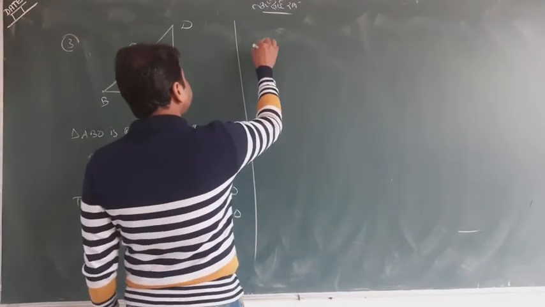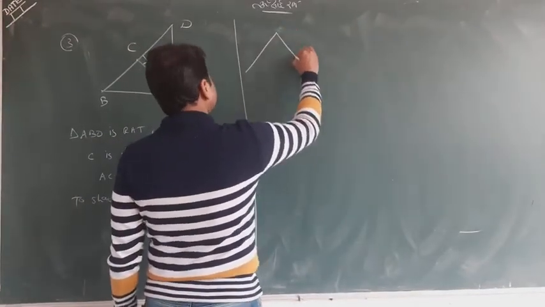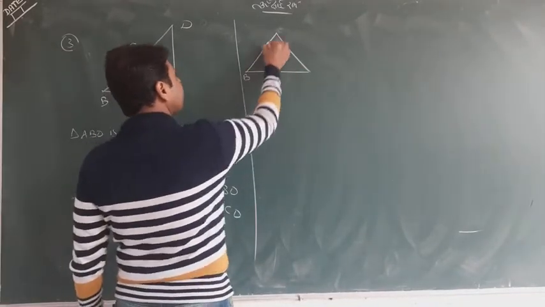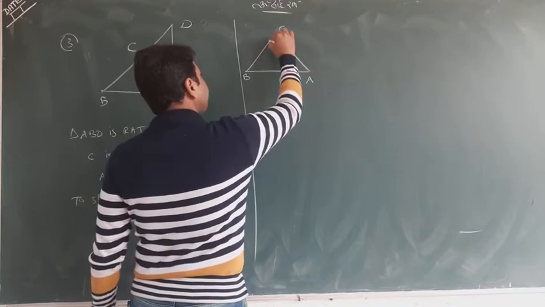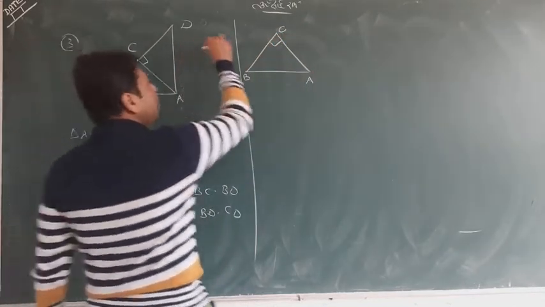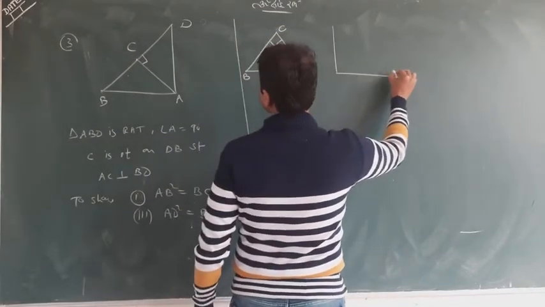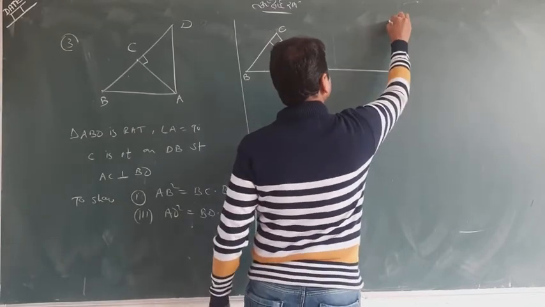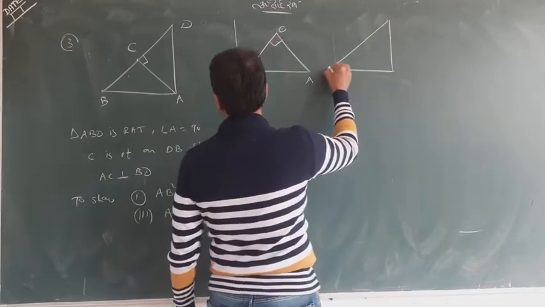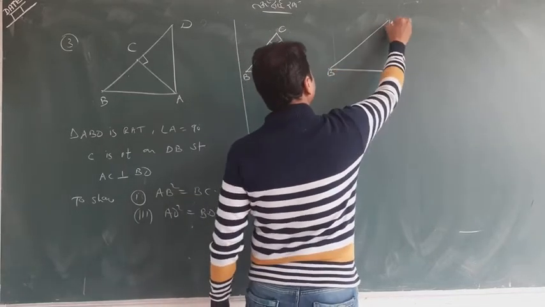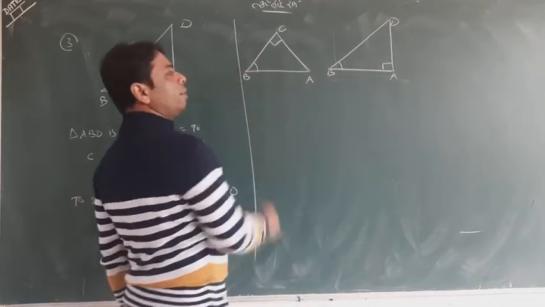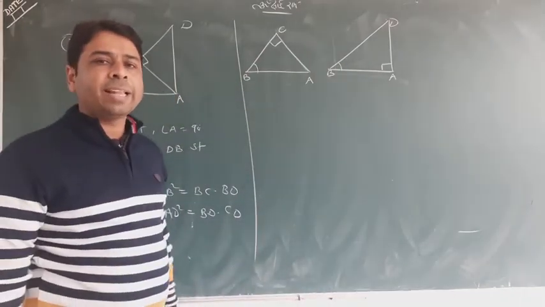So I start with something which I will make specially and separately. Can you see this triangle BCA and BAD? Now can you catch, this is 90, this is 90, and B is a common angle. So you know angle similarity.